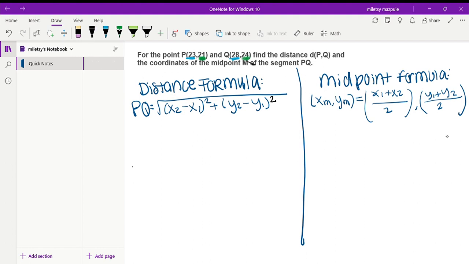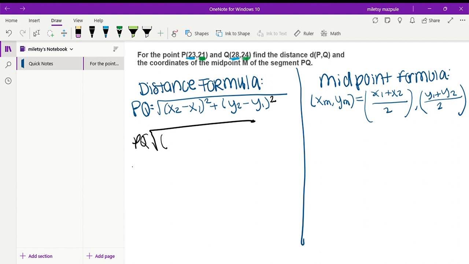So 23 would be x1, 28 would be x2, 21 would be y1, 24 would be y2. I'm going to go ahead and write that for you guys. Oh, that is actually not correct.